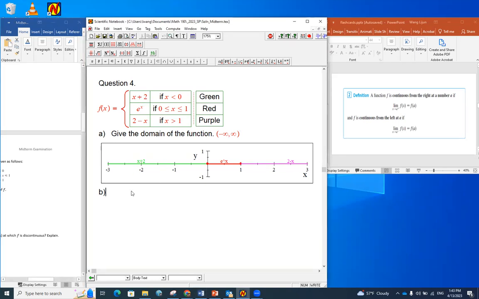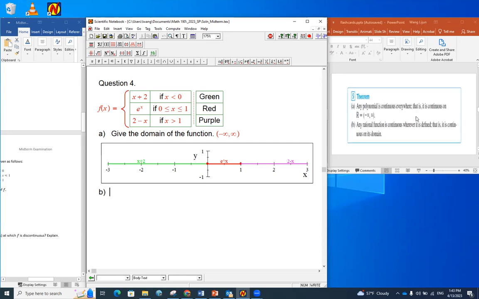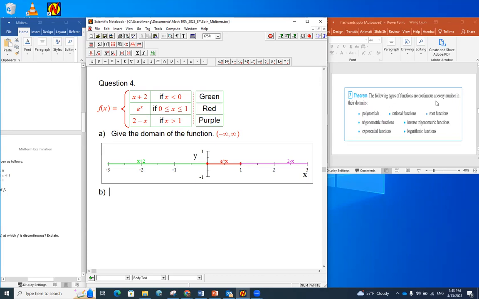For x less than 0, f is continuous because of the theorem about continuous functions: any polynomial is continuous in its domain. 2 minus x is a polynomial, x plus 2 is a polynomial, so they're continuous.